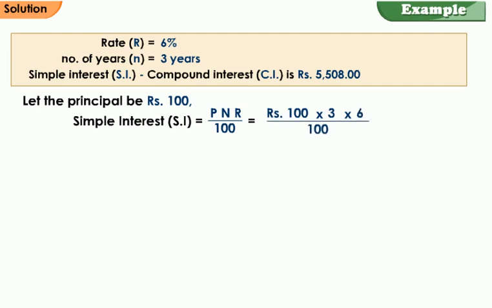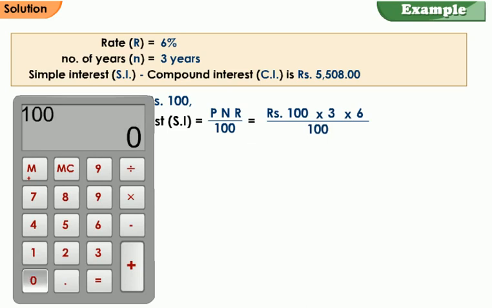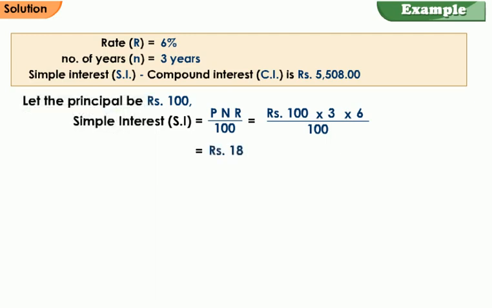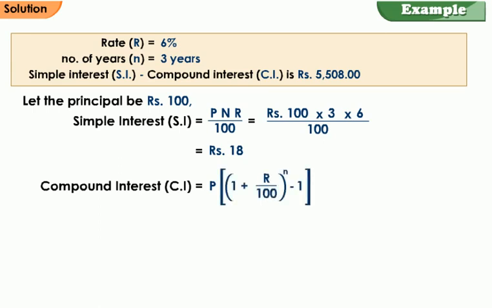Now, to calculate compound interest, we have the formula P into (1 plus R by 100) whole to the power N minus 1. That gives us rupees 100 into (1 plus 6 by 100) whole to the power 3 minus 1.